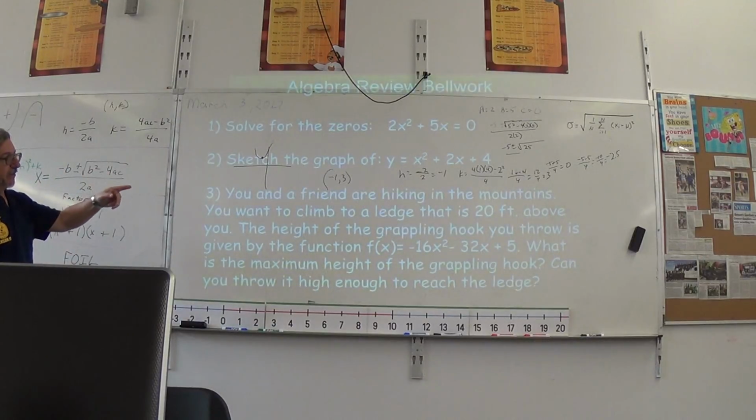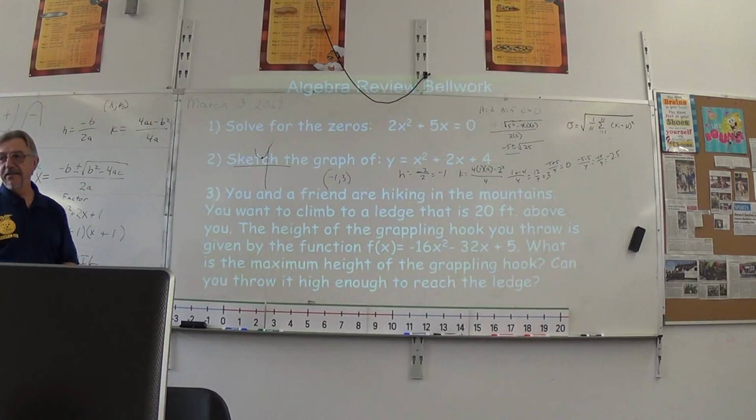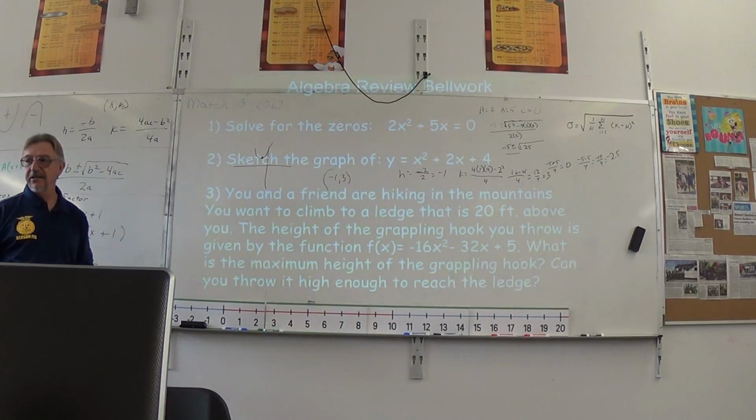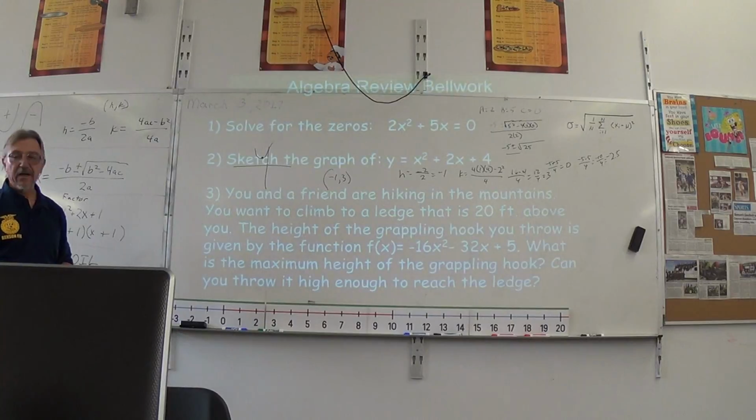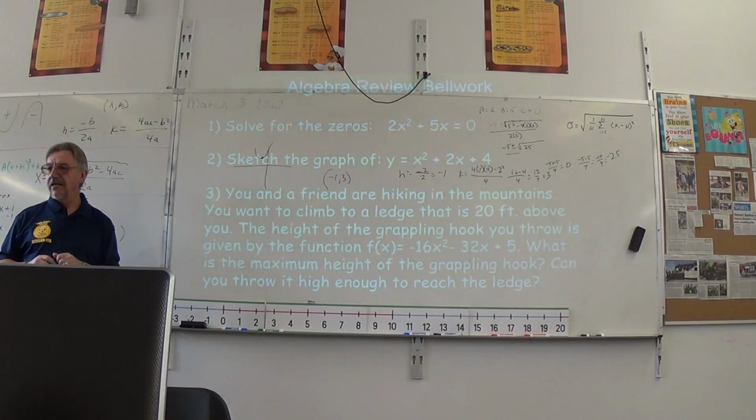If it had been a negative x squared, so that it went the other way, then I would have zeros to find, so that I could see where it was going to cross the x-axis. Is that clear? You guys see what I'm talking about? That's going to be important when you take the test.